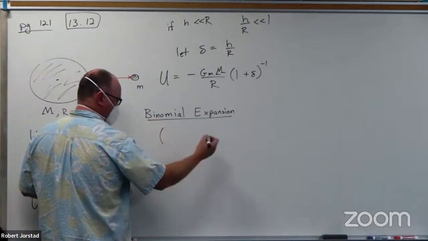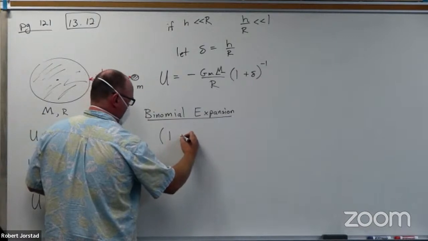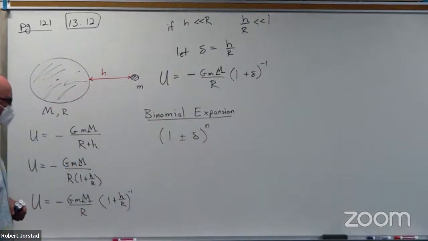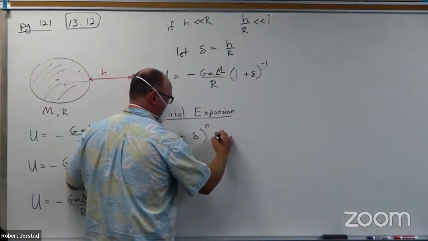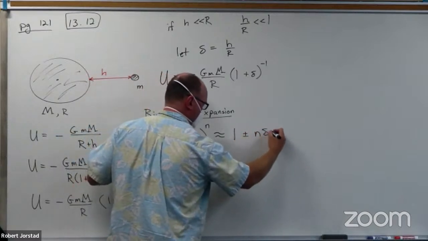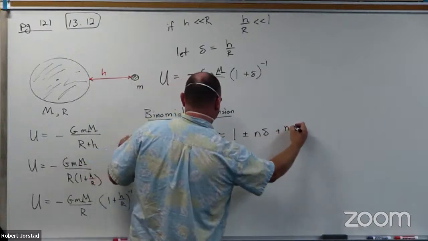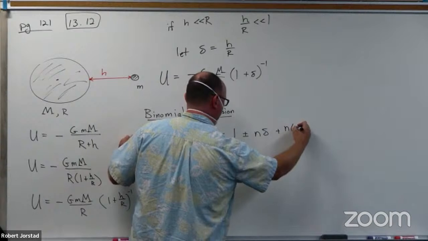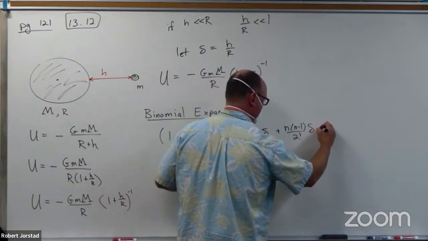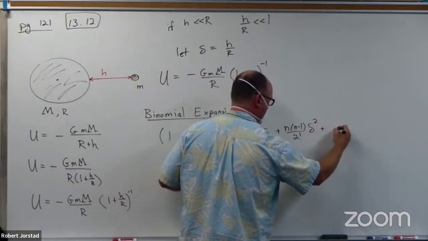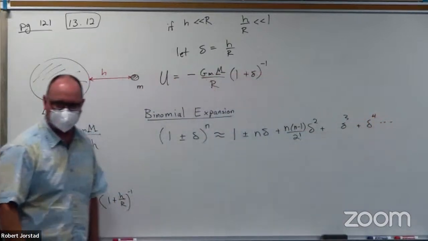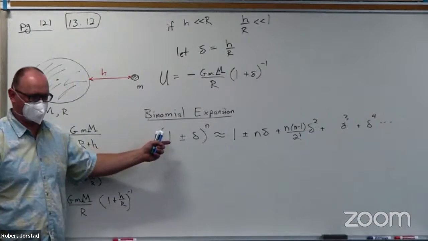If you have a binomial like 1 plus or minus a small number raised to some power, doesn't even have to be an integer here, this is approximately equal to 1 plus or minus n delta plus n times, what is it? n minus 1 over 2 factorial times delta squared plus higher order terms, etc. Okay? This is basically Taylor's series.